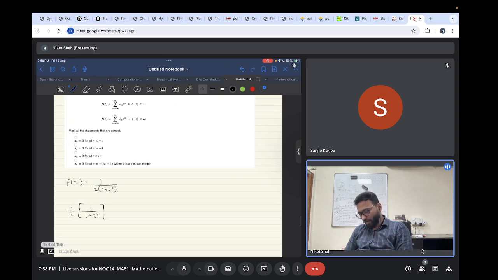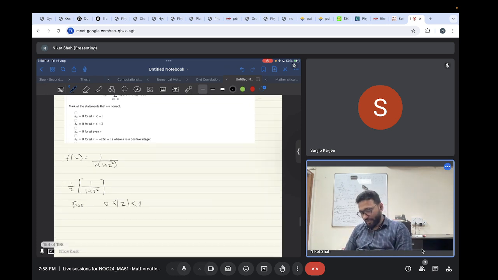Now for mod z between 0 and 1, when mod z is lying between 0 and 1, in that case for 1 plus z square, again I can use binomial expansion as what we did previously. 1 plus z square raised to minus 1 is equal to 1 minus z square plus z power 4 minus z power 6 and so on.